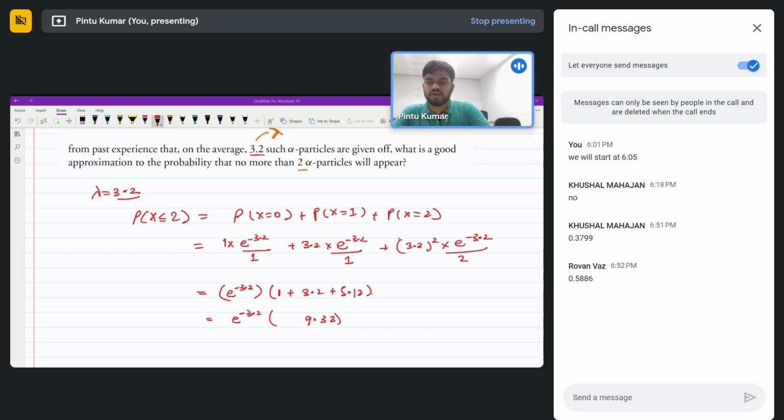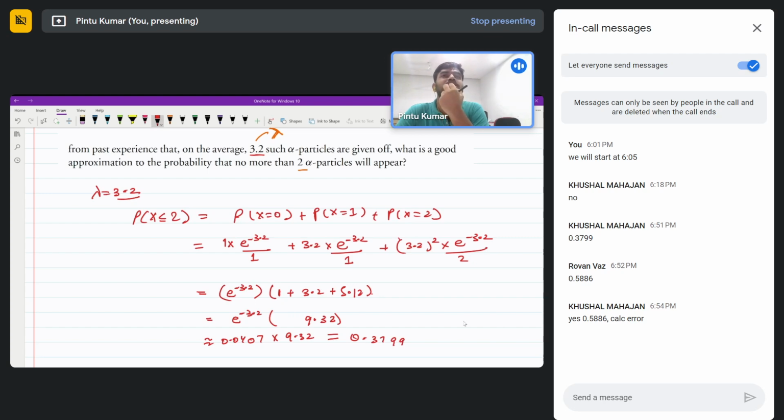I'm using a calculator here. I'm not calculating those values by hand. This is 0.0407 something. 0.0407 into 9.32 is again 0.3799. Yeah, Rowan, you were correct. Hey, why did I get 0.3799, Kushal?